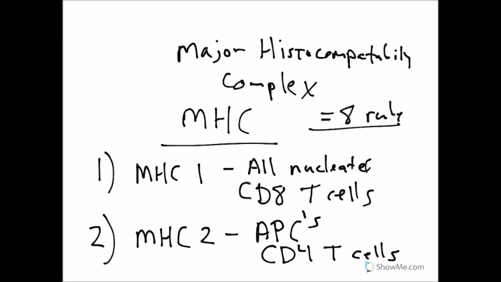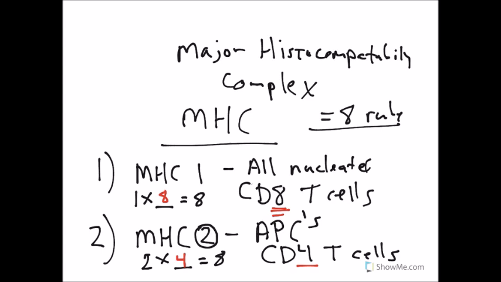MHC1: 1 times blank equals 8. Well, 1 times 8 equals 8, CD8. MHC2: 2 times blank equals 8. Well, 2 times 4, CD4 T cells. It is very important that you keep up with which MHC goes to which particular type of T cell.